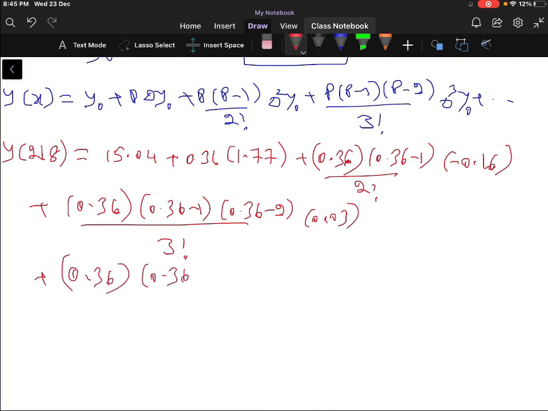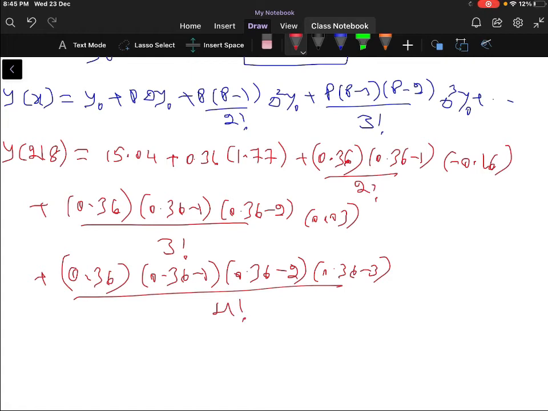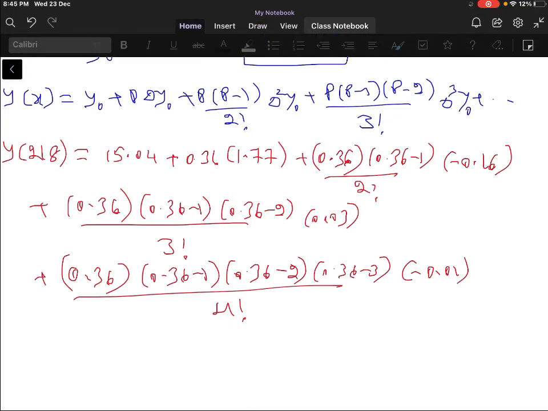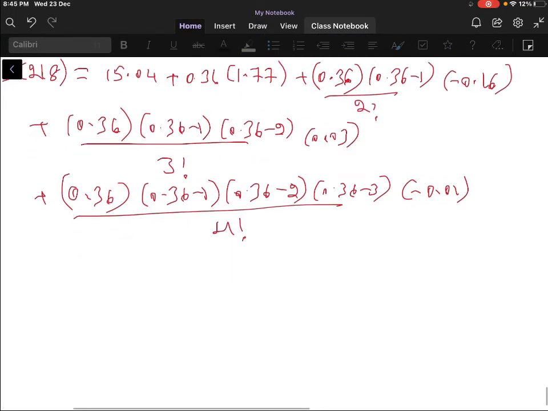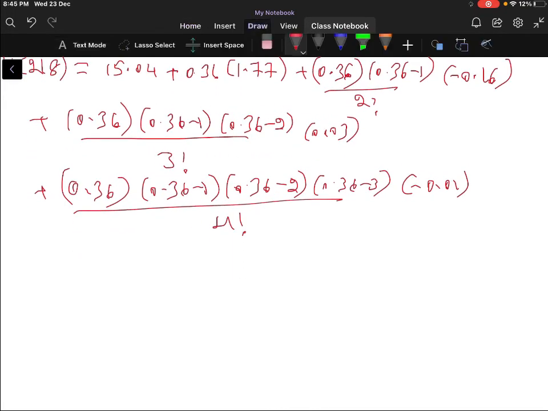plus 0.36 into 0.36 minus 1 into 0.36 minus 2 into 0.36 minus 3 by 4 factorial into delta 4 y naught is minus 0.01.